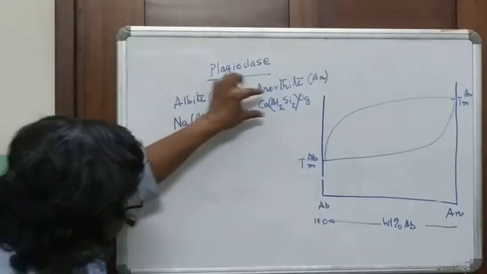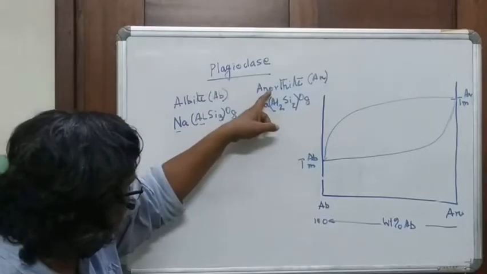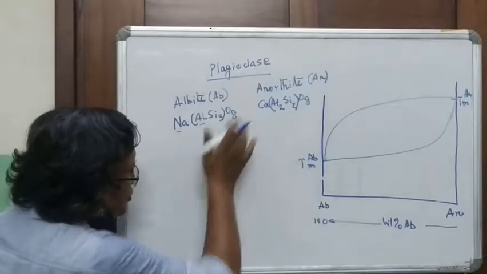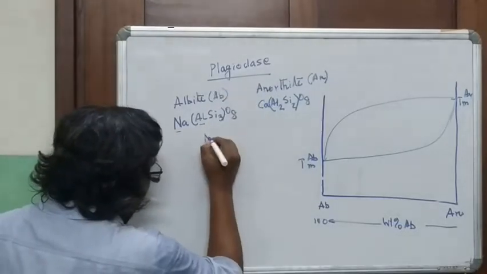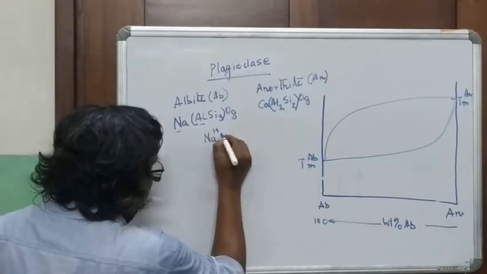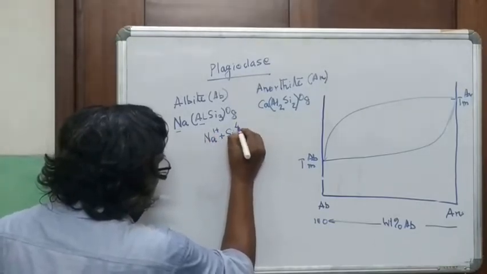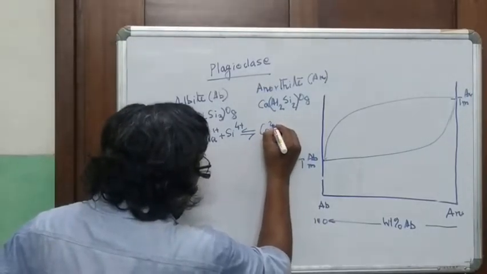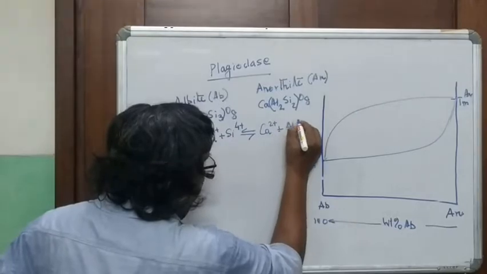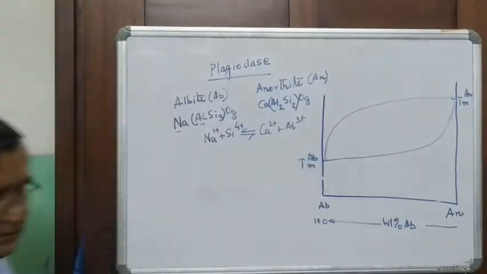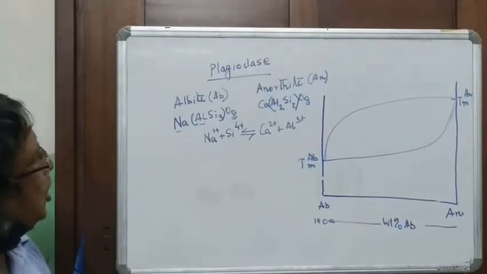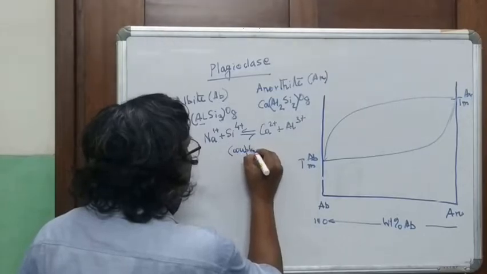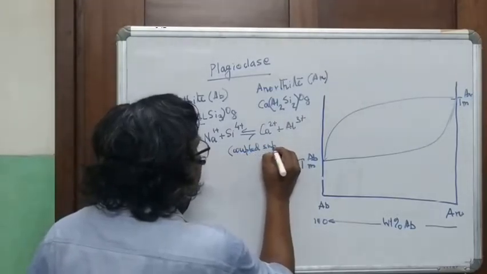So if this forms two components of a single phase, then the way the composition changes is Na1+ Si4+ is equal to Ca2+ Al3+. Look at this. This is called a coupled substitution.